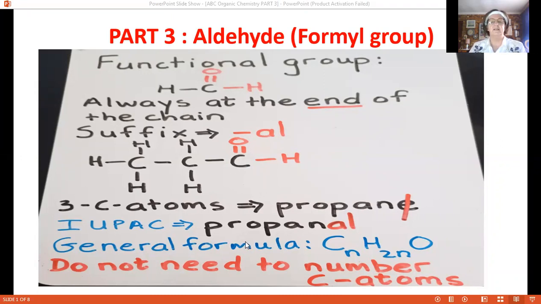The general formula here is CnH2nO. You do not need to count the number of atoms here. Why? Because the functional group will always be at the end, at the terminal site, so it will always be at the first carbon. Therefore, you don't need to count the numbers.